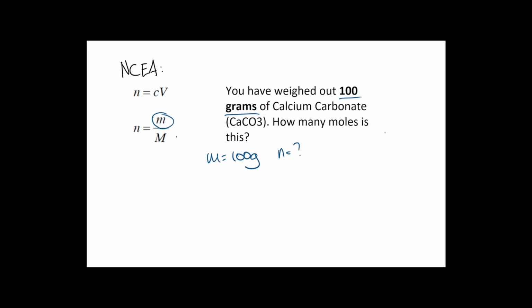So now we need to find the molar mass. The molar mass of CaCO3 is going to be equal to the molar mass of calcium plus the molar mass of carbon plus 3 times the molar mass of oxygen.